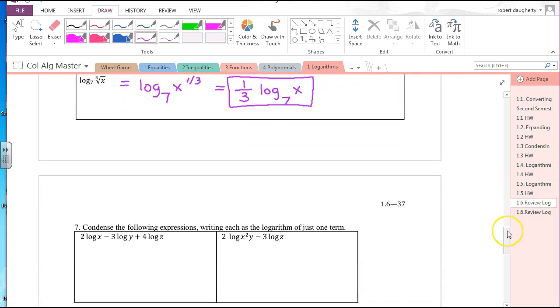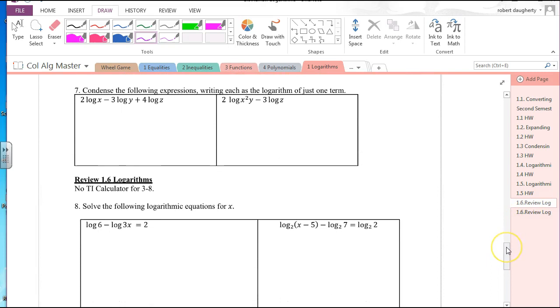Okay, continue on. I think we have one more page. Condensing log expressions as the log of one term. Okay, so this is sort of going backwards from what we just did. So I can write this as the log of x squared minus the log of y cubed plus the log of z to the 4th.